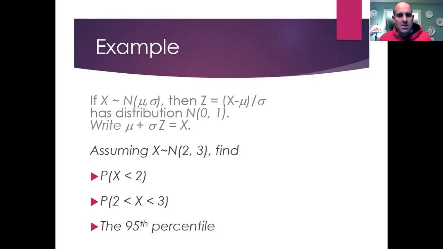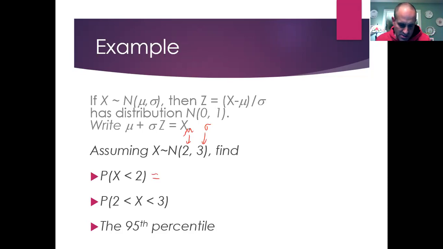So assuming that x is distributed as normal with mean 2, and don't forget, this is the mean and this is the standard deviation, find the probability that x is less than 2.